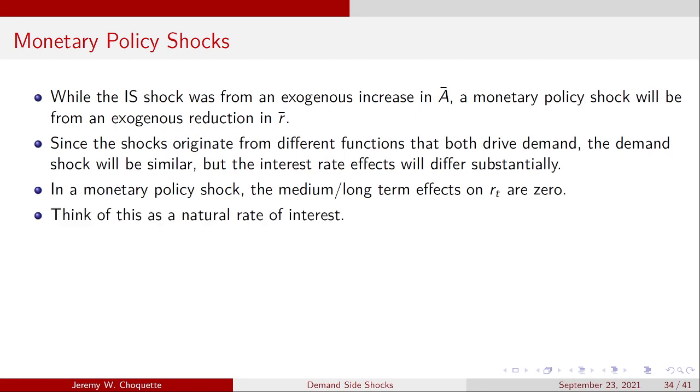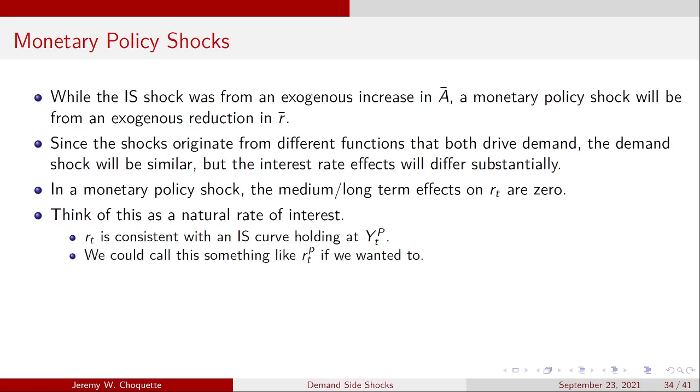Why? Monetary neutrality. So we're going to think of this as sort of like a natural rate of interest, and this RT is going to be consistent with an IS curve holding at YTP. So we could think of this as RTP, like toilet paper.